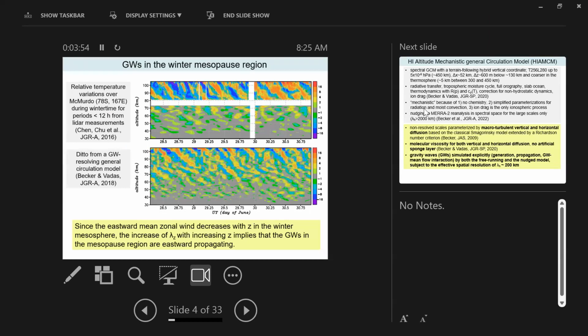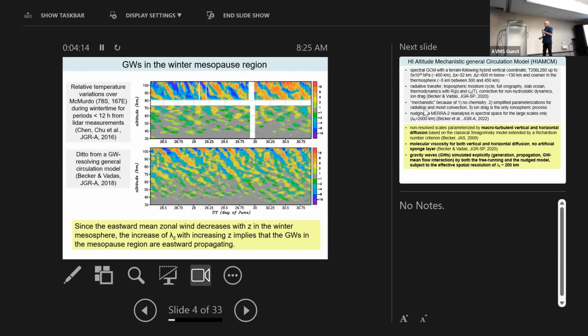So these cannot be westward gravity waves. The zonal wind decreases with altitude. And therefore, if the vertical wavelength expands, these have to be eastward gravity waves. So why are there eastward gravity waves, and why are the eastward gravity waves even stronger when the polar vortex is stronger? I will give you the answer in a second.